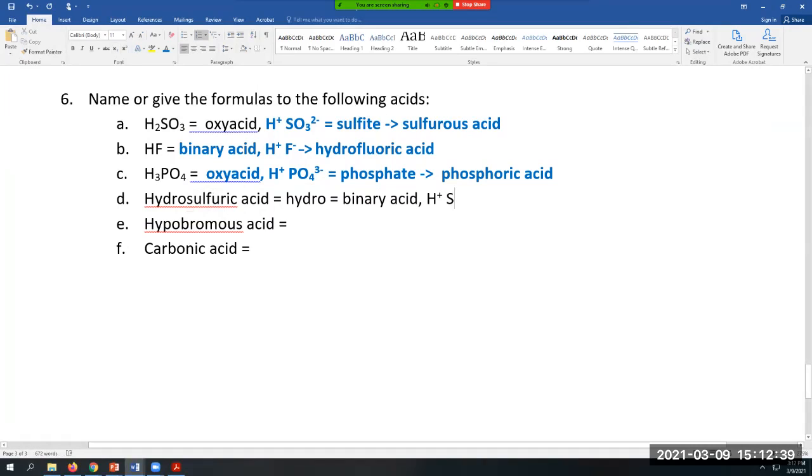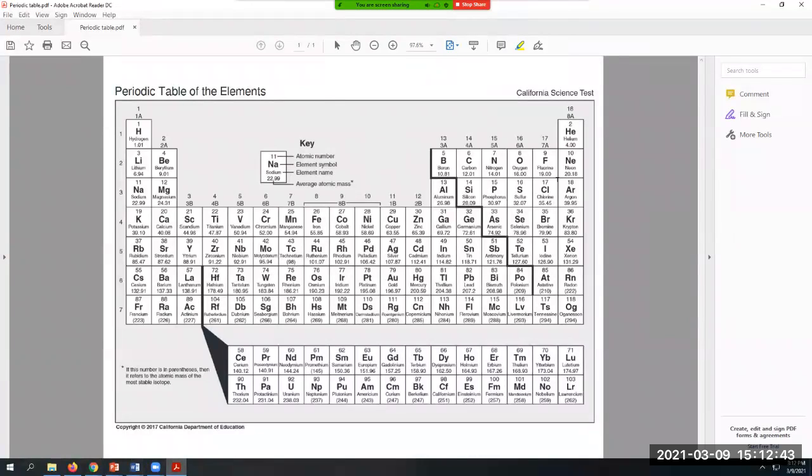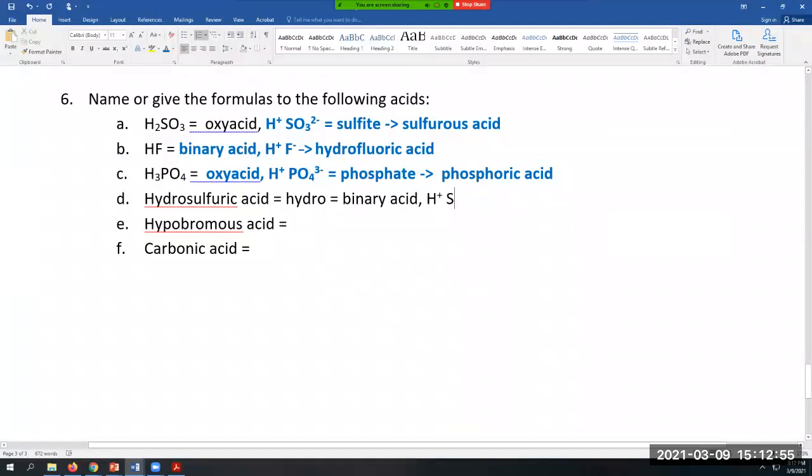So you find S. And from the position in the periodic table, you know that sulfur is in group 6A, so it makes the -2 ion. So you take that as the ion that goes with the H plus. So it's the sulfide, right?